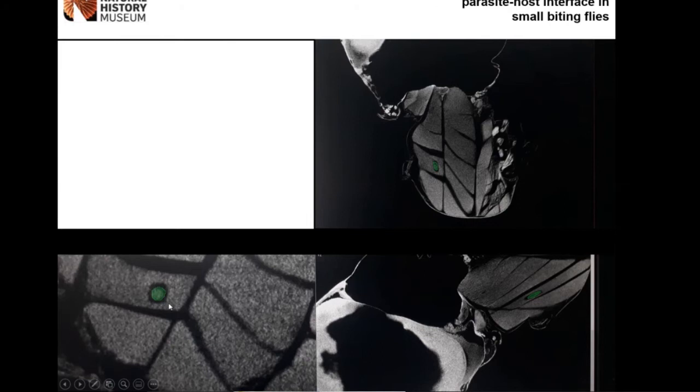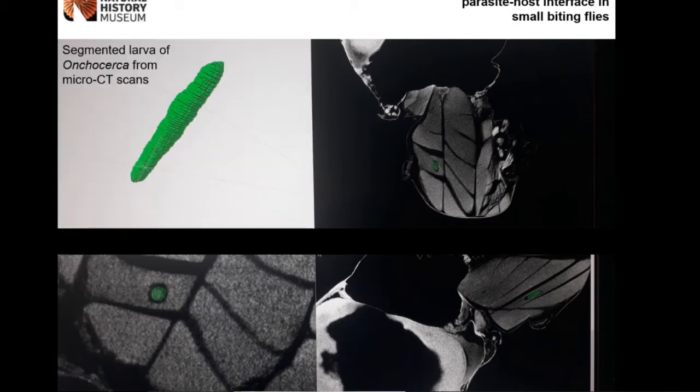How we visualize it in 3 dimensions is by looking at these 2D images, outlining where the organ of interest is, and then moving up several sections and outlining again. Then you can interpolate between those 2D sections and eventually build up a 3D image such as this one here. This is an Onchocerca parasite.